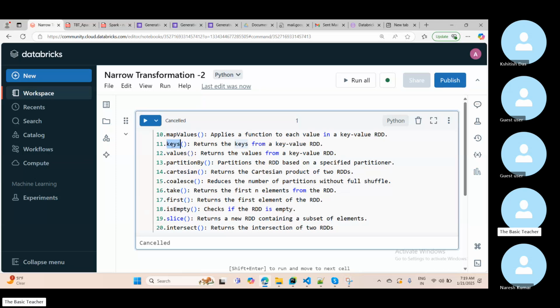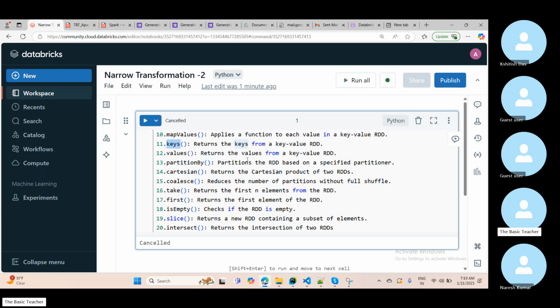Then we have keys, which returns the keys from a key value RDD. Let's say you have JSON data that you converted to a key value pair RDD, and you want to extract only the keys from the RDD. Values gives only the values from the RDD, but not key and value both.